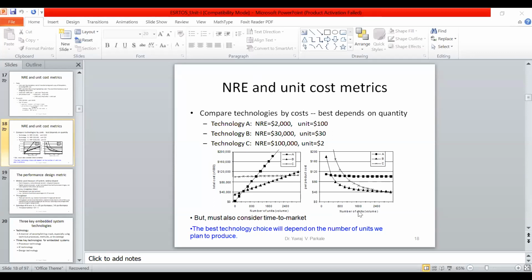Now in the second graph, they have plotted number of units versus the per product cost. Now see how to recover the NRE cost. I can recover the NRE cost by using this particular graph.